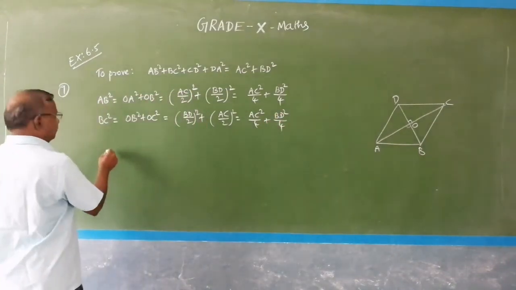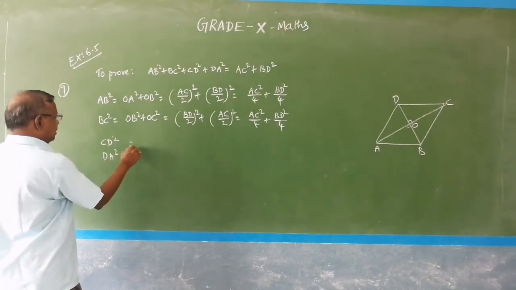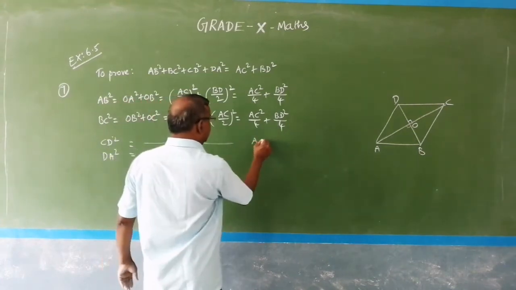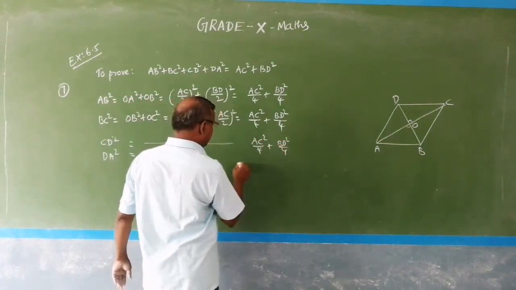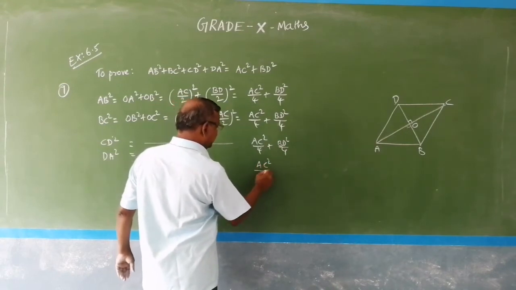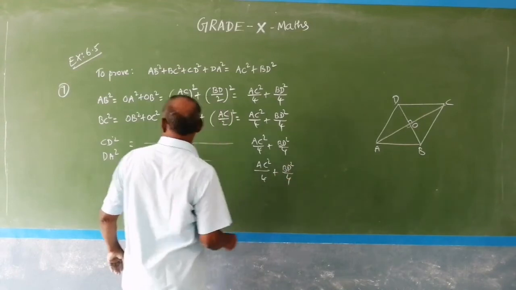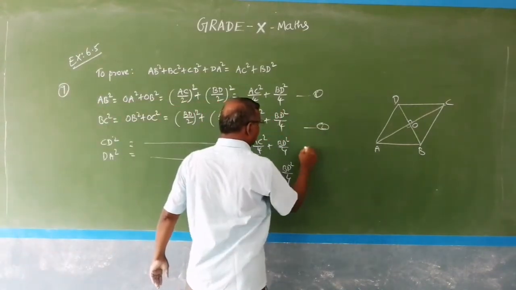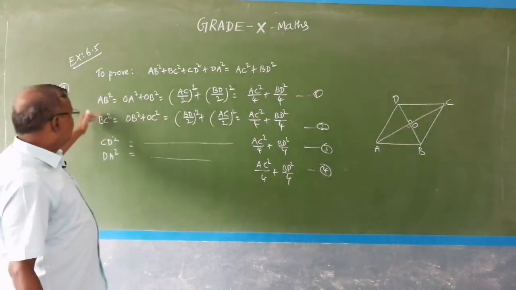Find CD square plus DA square and compute the values. All will be AC square by 4 plus BD square by 4 only. So, adding equations 1, 2, 3, 4, you will get the result.